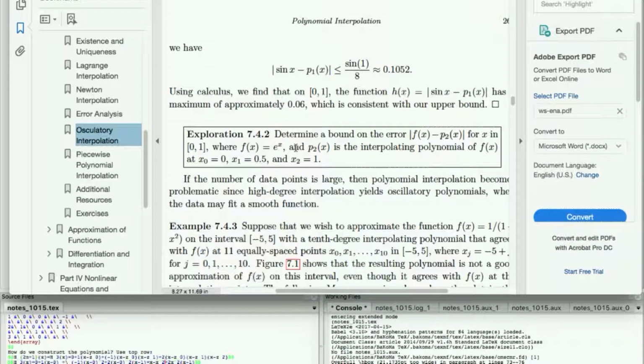Since it's second degree, it'll be the third derivative of f, the exponential, over 3 factorial, times the product of the x minus x naught terms. So how do we bound that?